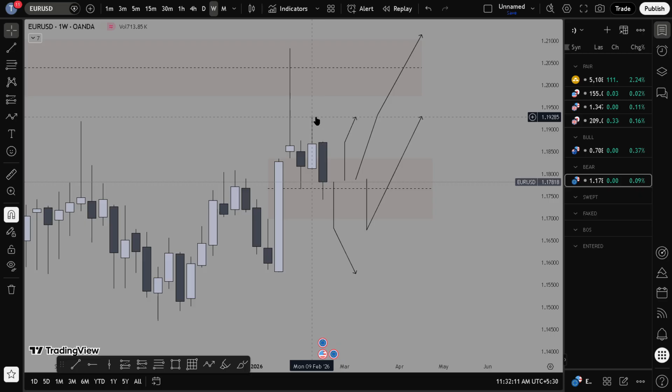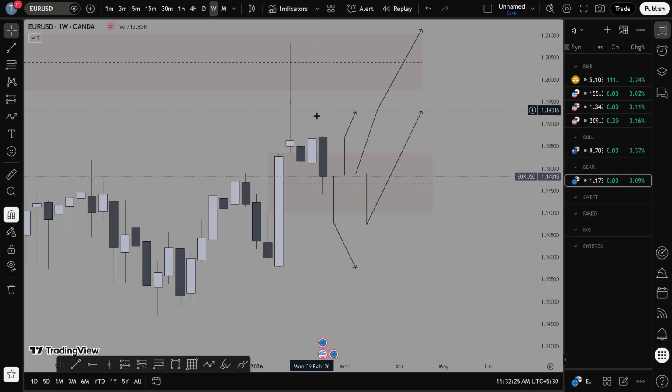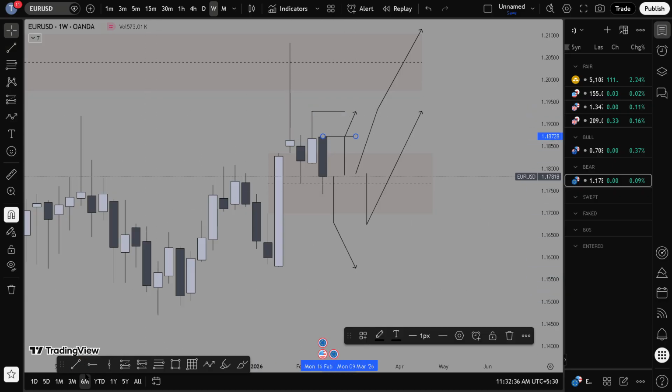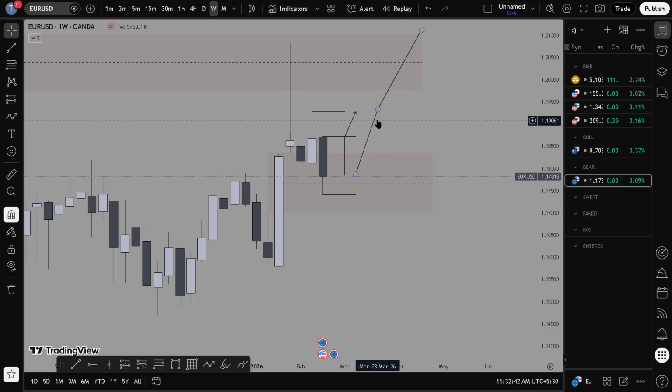Is that a swing high? Maybe, because it has two candles lower than this high. So let me mark them out: one, two, three. These are the three areas that price could potentially go to.